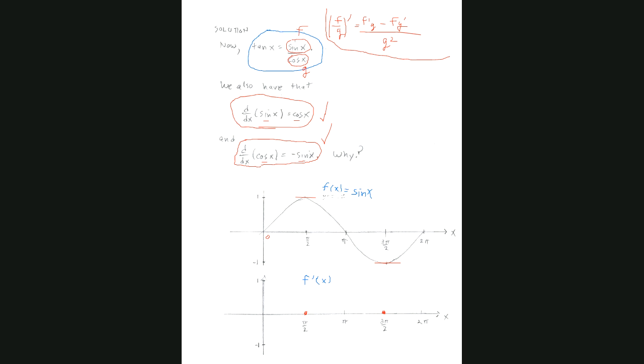So, okay, well, what about at 0? Let me draw a tangent line at 0 there. What does the slope look to be when x is 0? What's the slope of the tangent line right there at x equals 0?